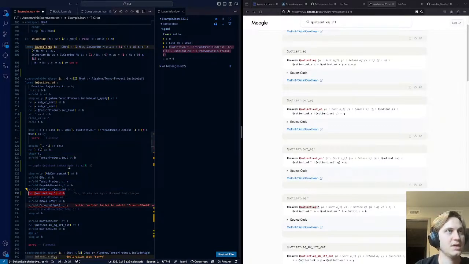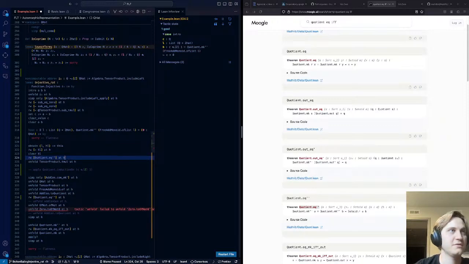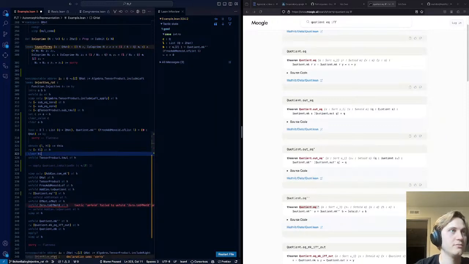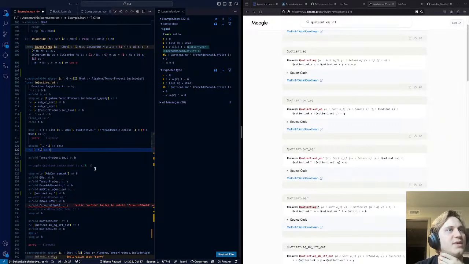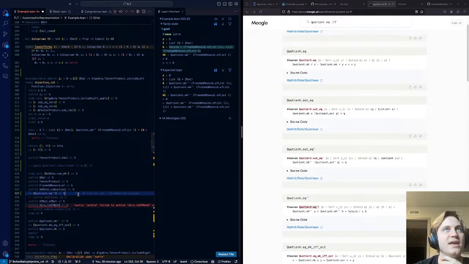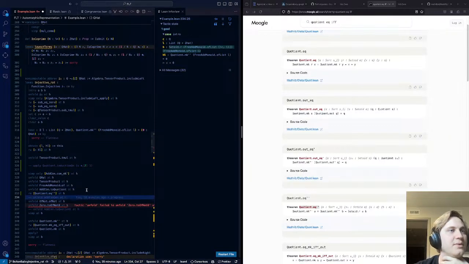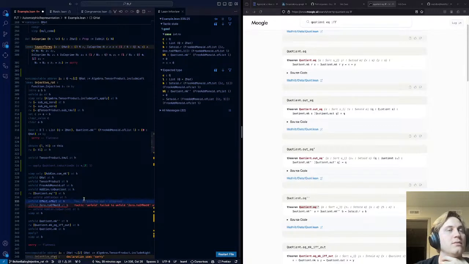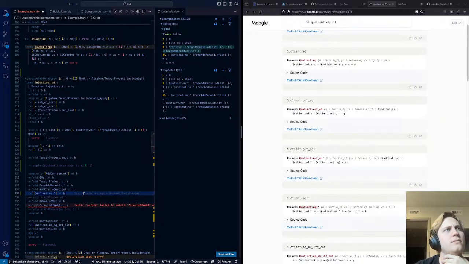It seems like it's succeeding, right? I don't need to unfold all this. Oh, apparently I do need to unfold. So I can do that, and then I can do all this, and unfold. And now the rewrite succeeds. So now we have this relation.